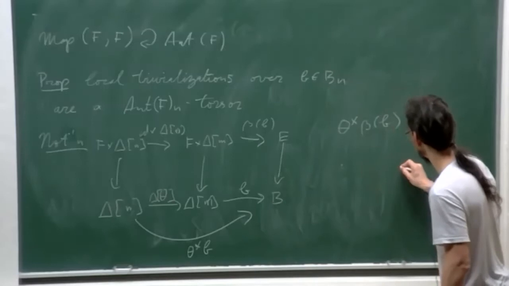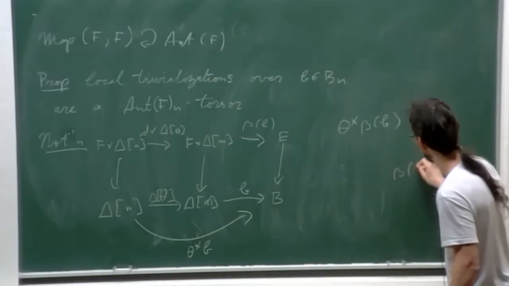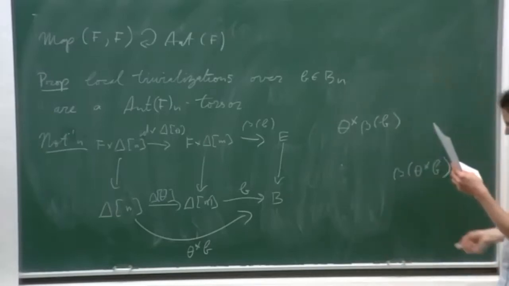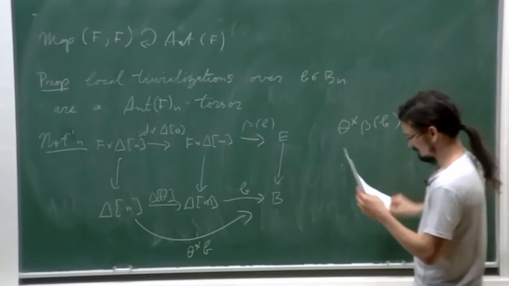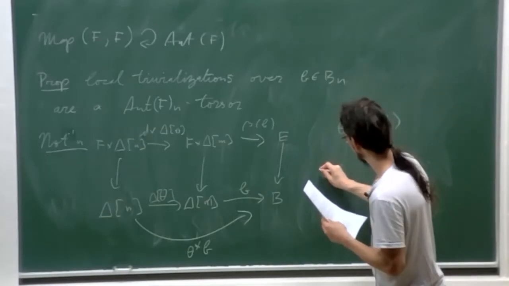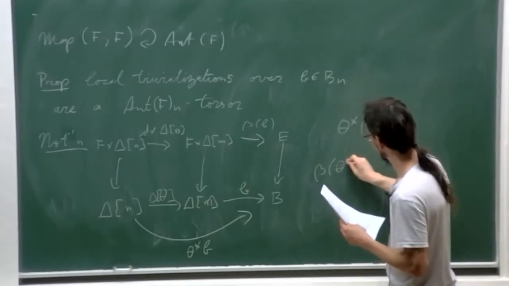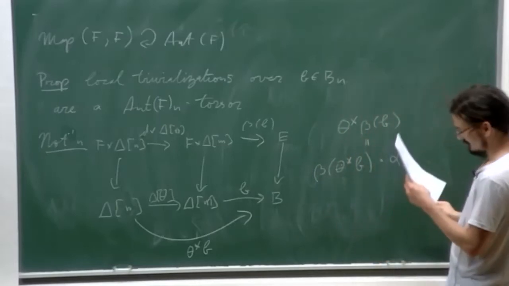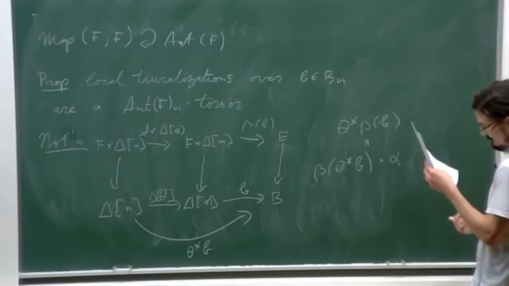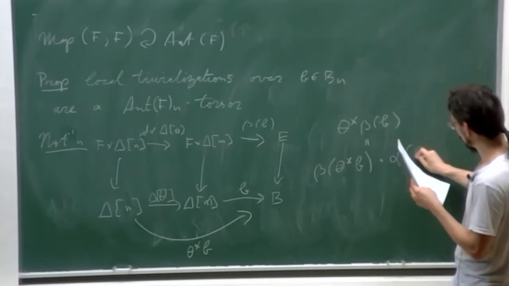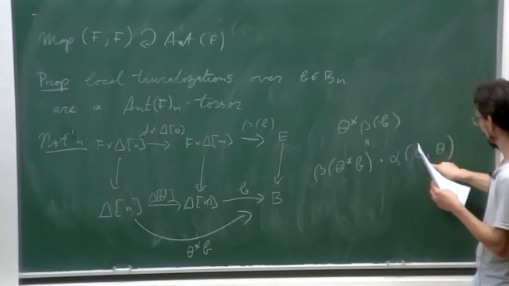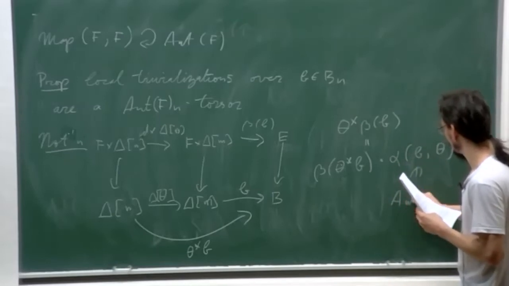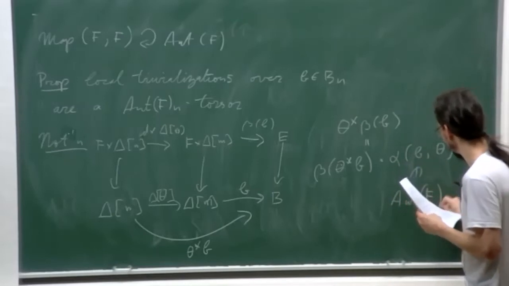So that's going to be beta theta pullback B. And then because of that torsor property, there's going to be an element of the automorphism simplicial group that's going between the two. So this is going to be sitting in Aut F_m.